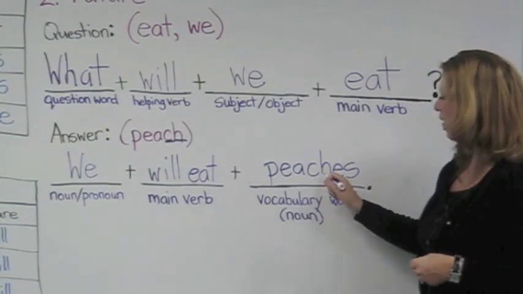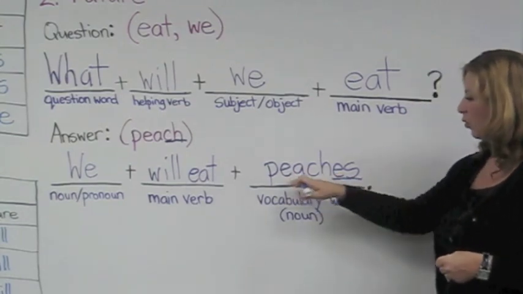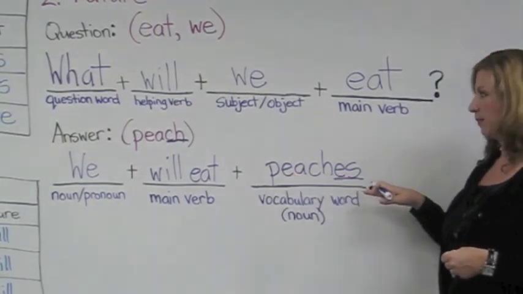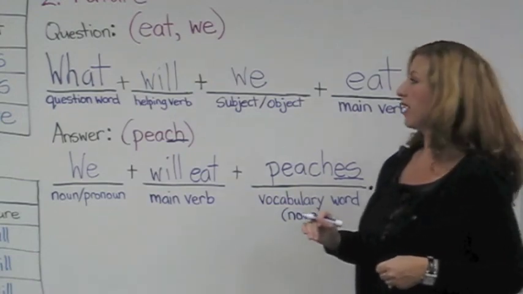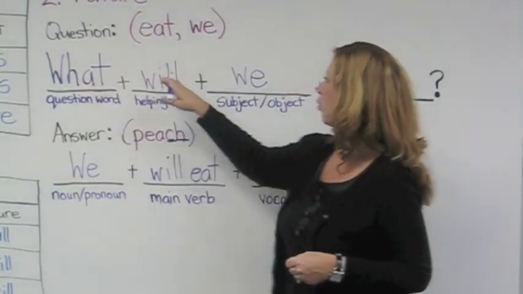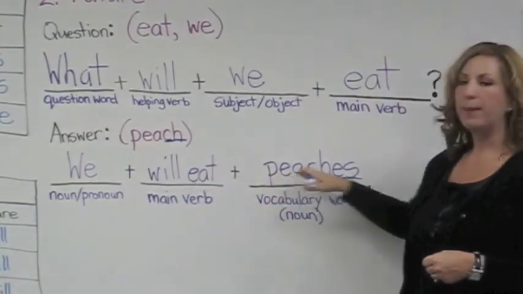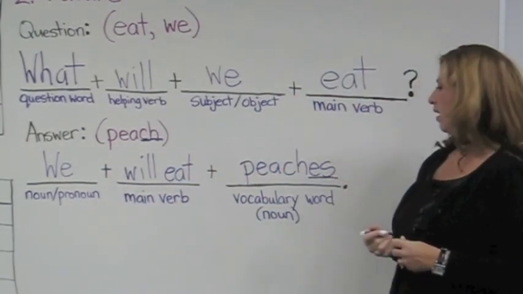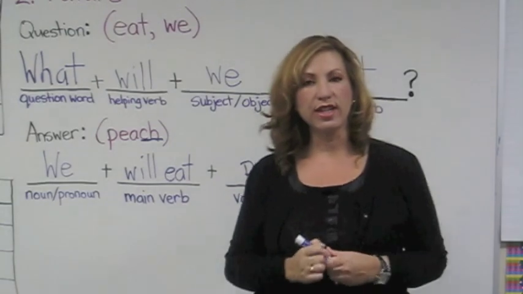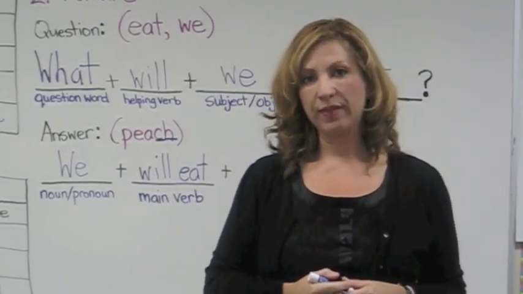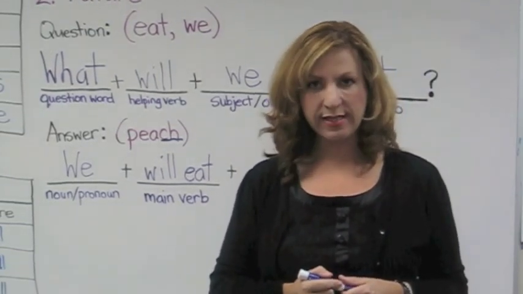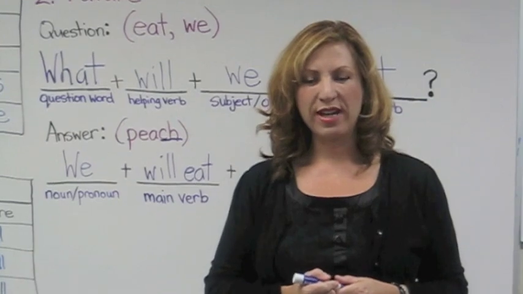So you could see how I added es to the word peach, peaches. So let's go again to our question. What will we eat? We will eat peaches. Now, it's your turn to continue with question 3. So go to practice and press play when you are ready to do it together.